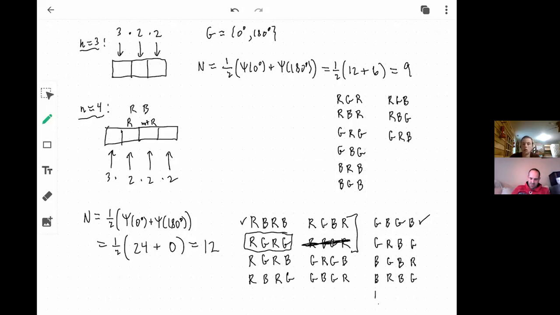So I think the very last one is blues in the first and last positions. And then I would have to have red, green in the middle. And of course, by 180-degree rotation, it would be the same. Do I have 12 total now? 1, 2, 3, 4, 5, 6, yep, 7, you do. 9, 10, 11, 12. Yep.